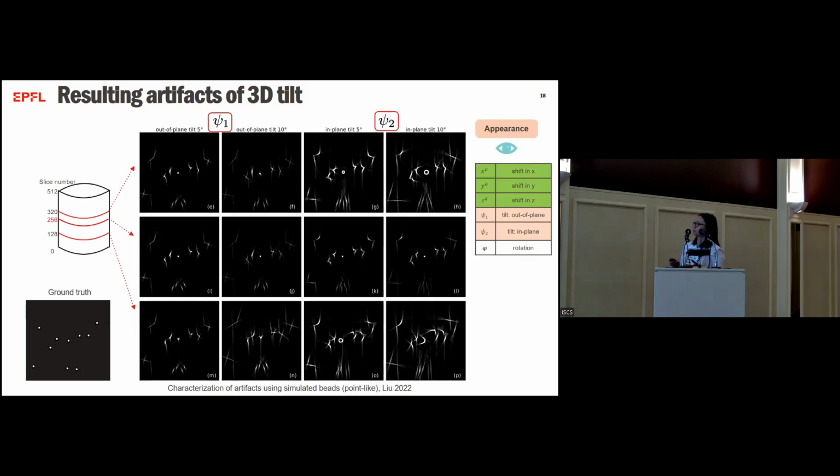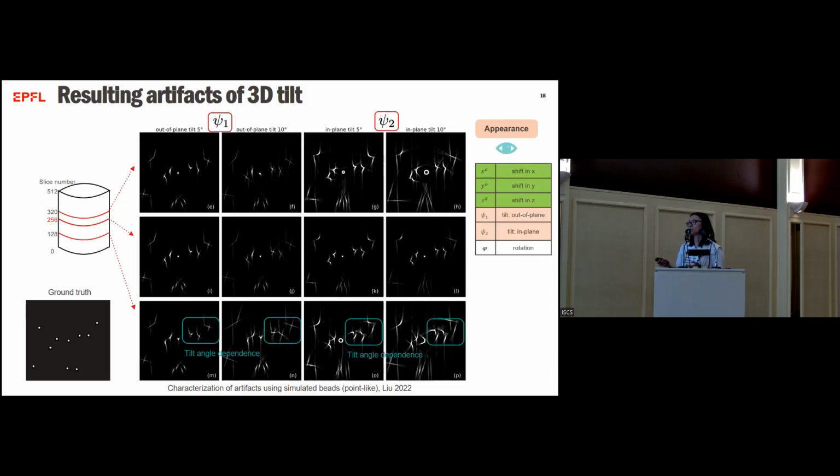In both cases of the two tilt angles, psi1 and psi2, we see that the artifacts have a dependence on the location in the field of view. So the further away you go from the center of the image, the more artifacts you observe.